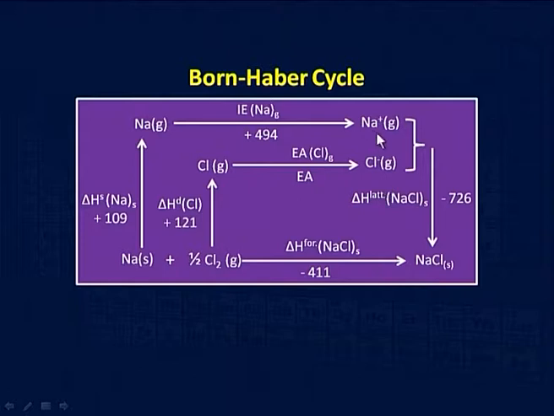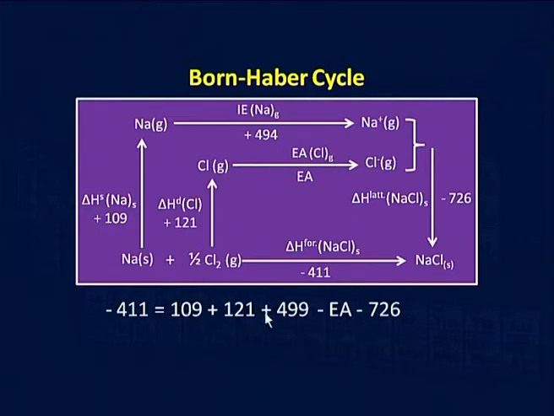From these data we can calculate the electron affinity. Electron affinity can be known only by indirect methods. By substituting these values in the equation, we get the electron affinity of chlorine as 364 kilojoules per mole. These values cannot be determined directly, but only by indirect methods.